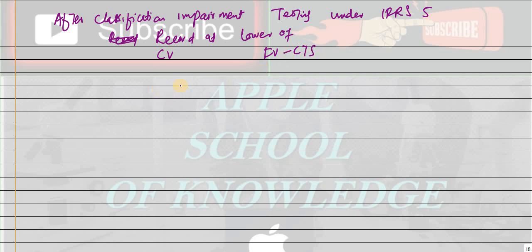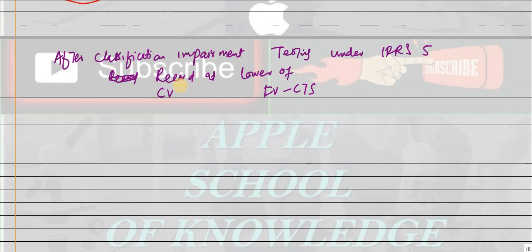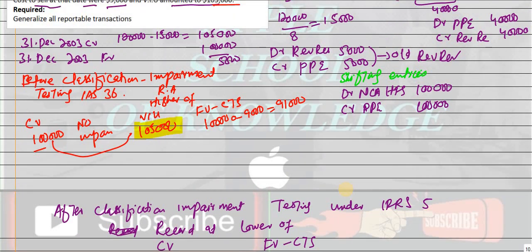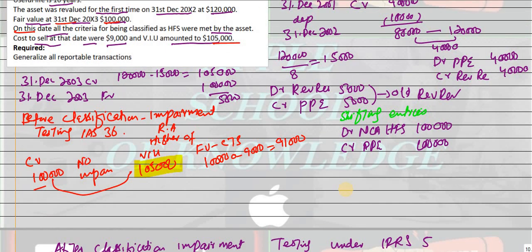So the carrying amount is 100 and fair value less cost to sale is here, fair value is 100 and cost to sale is 9, so 91.